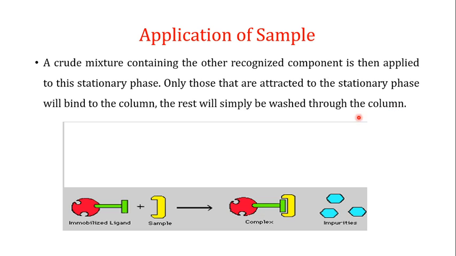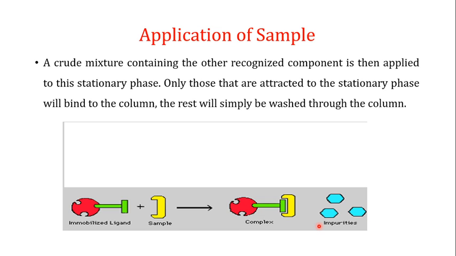What I mean by that is that if this is your sample, it contains a lot of things, it is a mixture. When you apply this mixture, the only component that has the ability to bind to this ligand will bind over here and be stuck in the stationary phase, and the impurities, by which I mean the other components in this particular sample, will be eluted with the mobile phase.